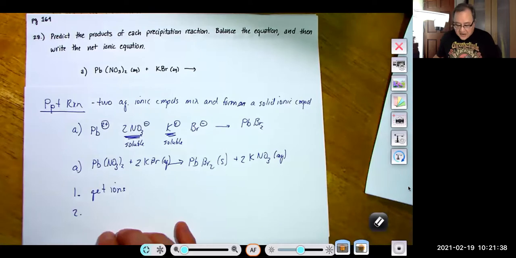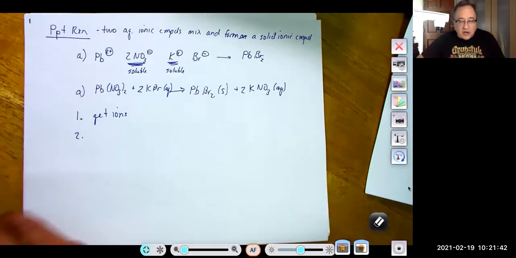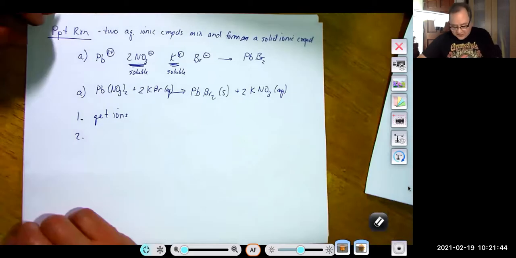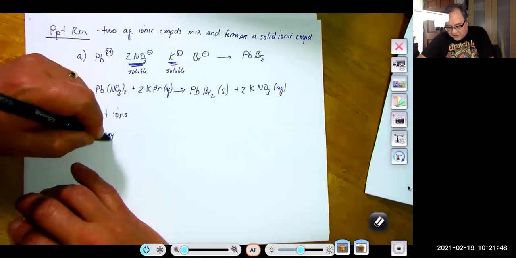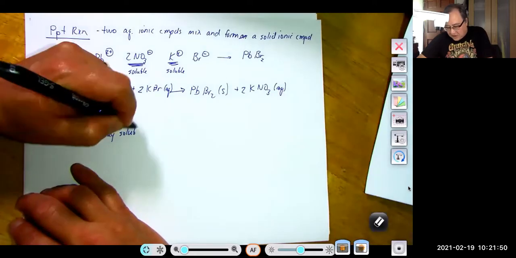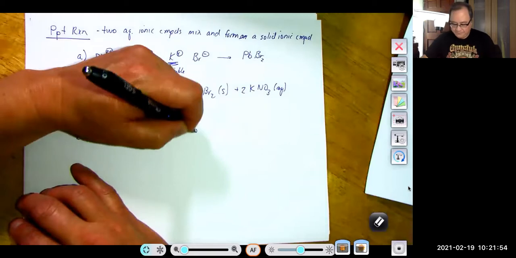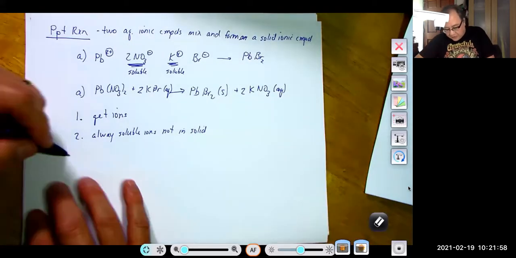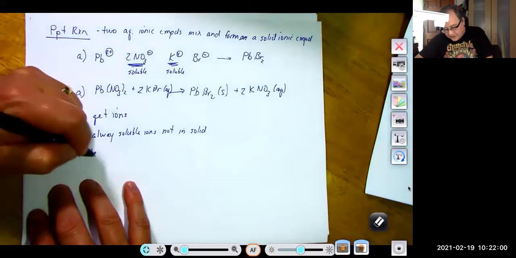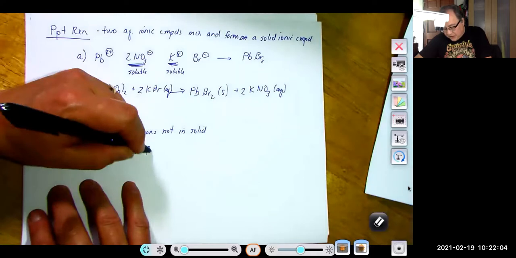Once you get the ions, what decision do you make? Well, the always soluble ions are not the solid. The always soluble ions are not in the solid. And so 3, the leftovers must form the solid.